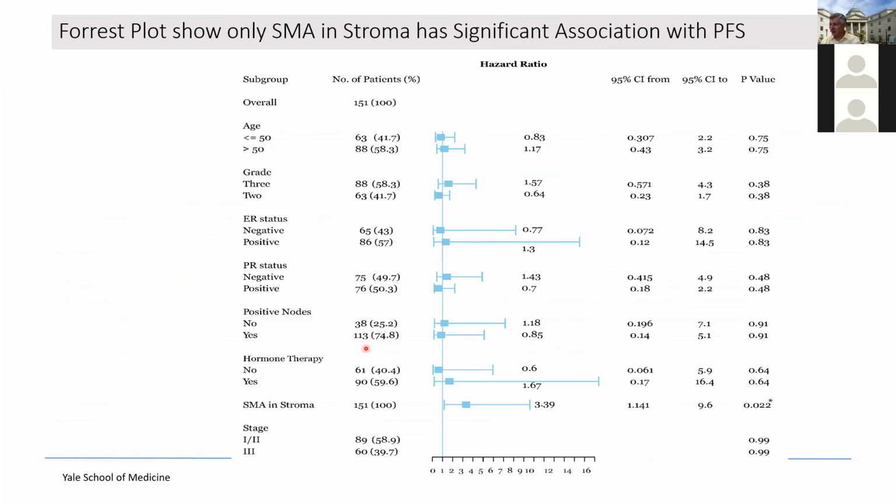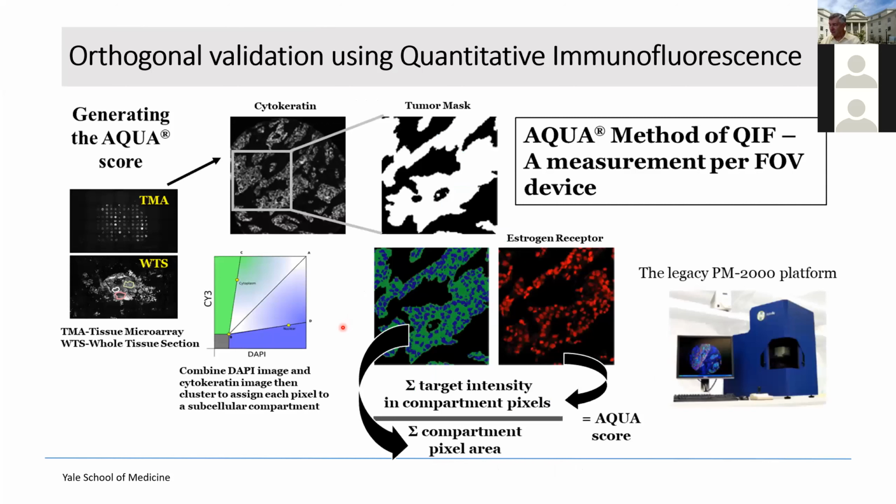And here are the hazard ratios in the forest plot, based on the SMA in the stroma associated with progression-free survival. Now, to validate it, we wanted to do something a little more tried and true, and for that we used quantitative fluorescence. In my lab, the way we use quantitative fluorescence is always using this AQUA method. Actually, we sometimes use inForm, but we use these two methods predominantly.